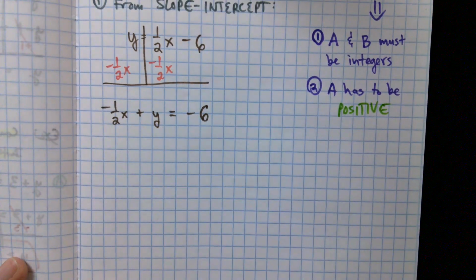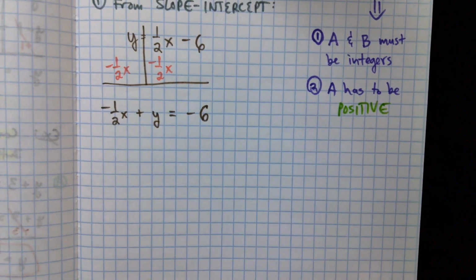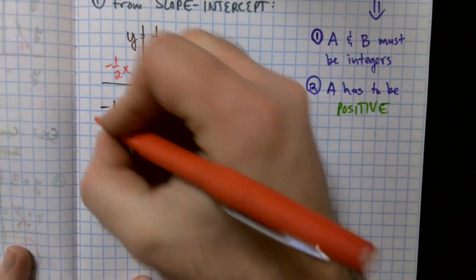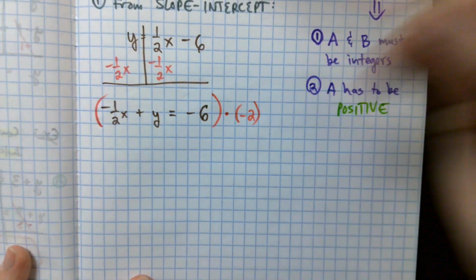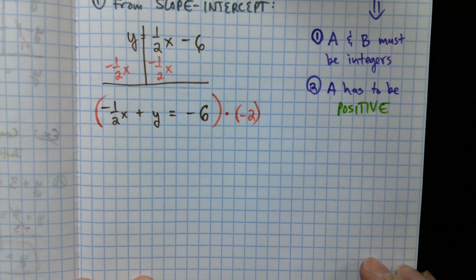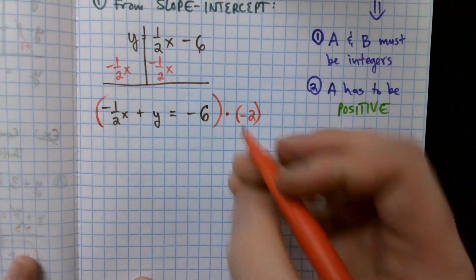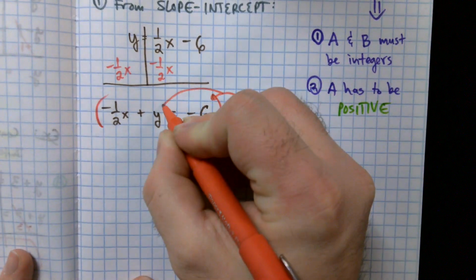The negative is going to clear my negative out in front, and the 2 is going to bust my fraction out in front of x. I'm going to multiply this whole thing by -2. I'm going to distribute it to everything I have.